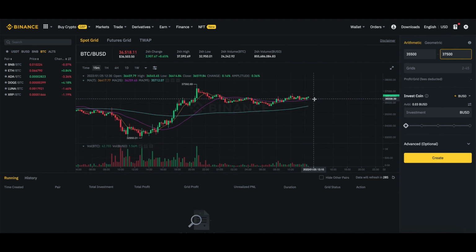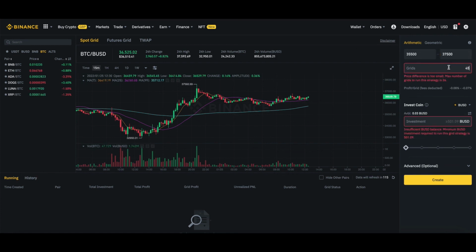And then depending on how many grids you do, it says here you can do 2 to 45. So if you did 2 grids, for example, it would just buy at 35,500 and sell at 37,500. But if you put in 45 grids, it says I could only do up to 26 because the difference is too small.